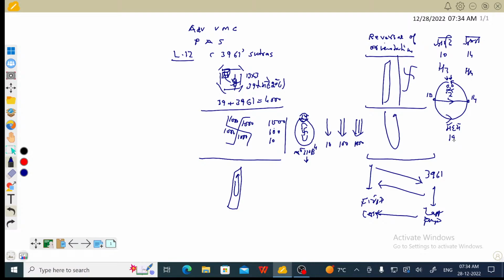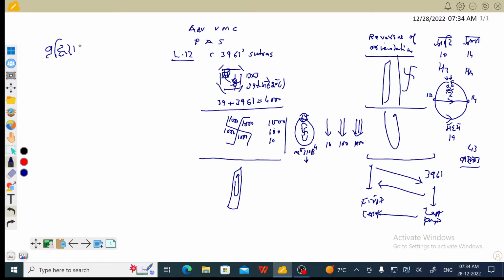Therefore, today let us appreciate that the first sutra is Vridhi Radech. It is the first sutra.